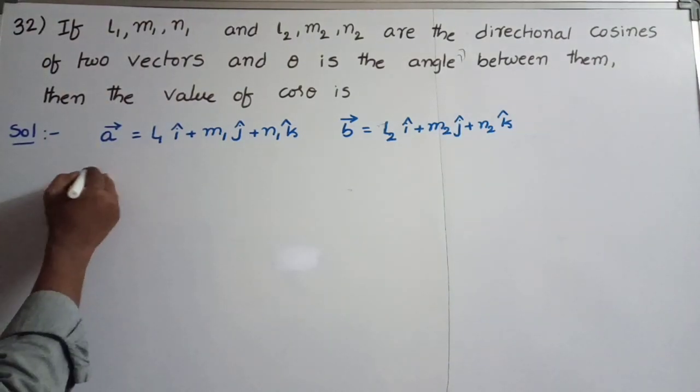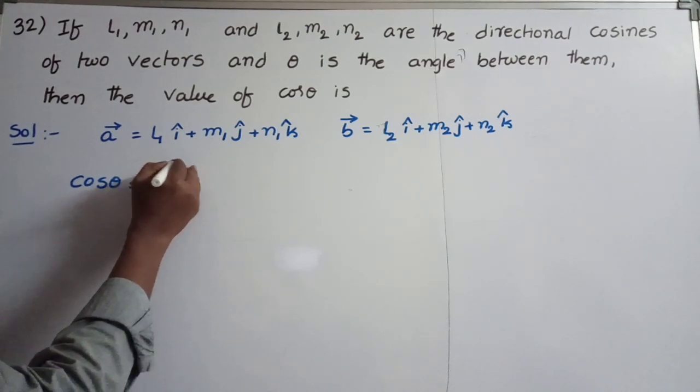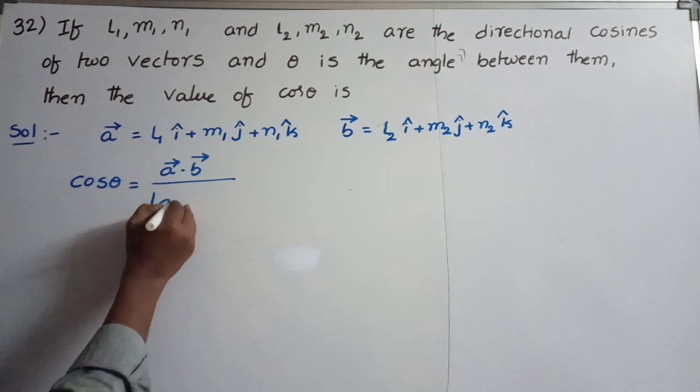So the angle between these two vectors, cos theta is equal to A bar dot B bar by magnitude of A bar into magnitude of B bar.